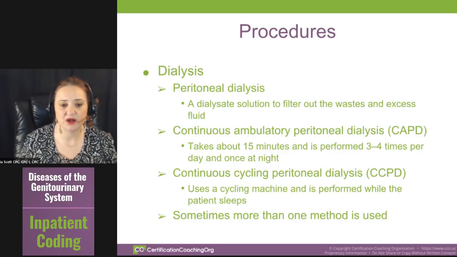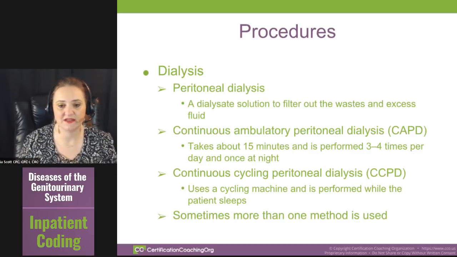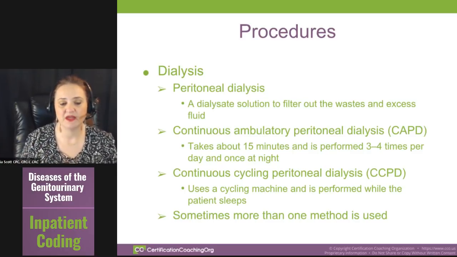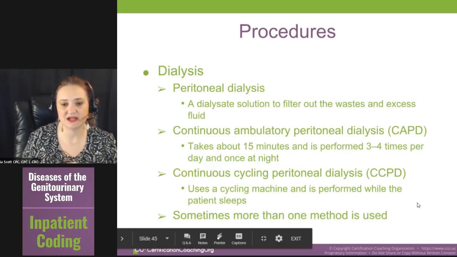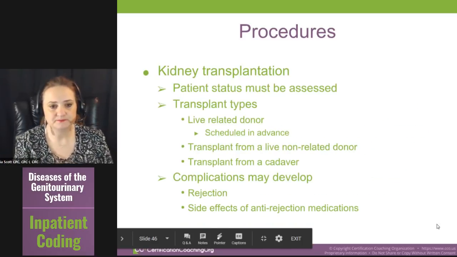There is also continuous cycling peritoneal dialysis, CCPD. That is where you have a cycling machine that you plug yourself into at night, and then it processes. And then sometimes you can have more than one method that's done. So these others you can have done at home, right? You don't have to go to a dialysis center to have those done.